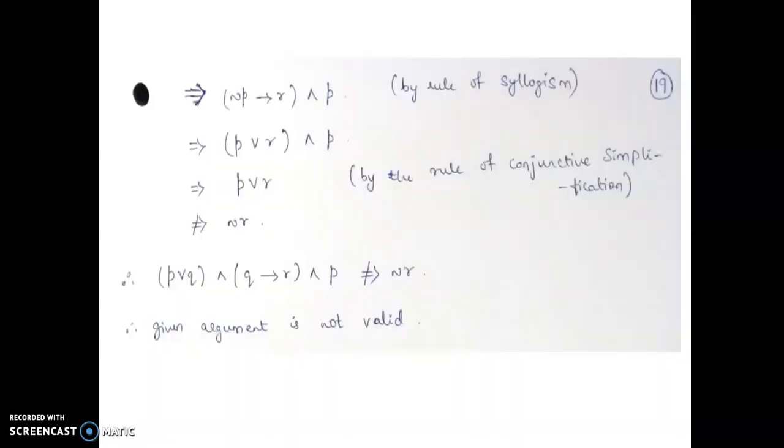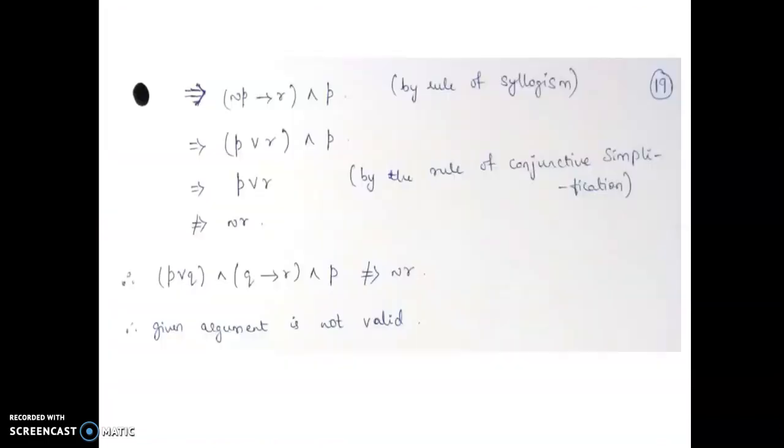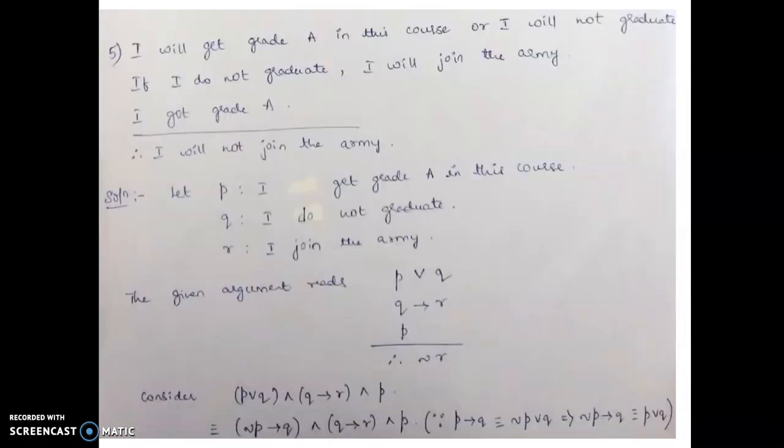We'll see some more of these examples, and the same concept. One more example is given; just go through these examples, and we shall continue with similar concepts in the next video. So for all these inference rules, the statements will be given.